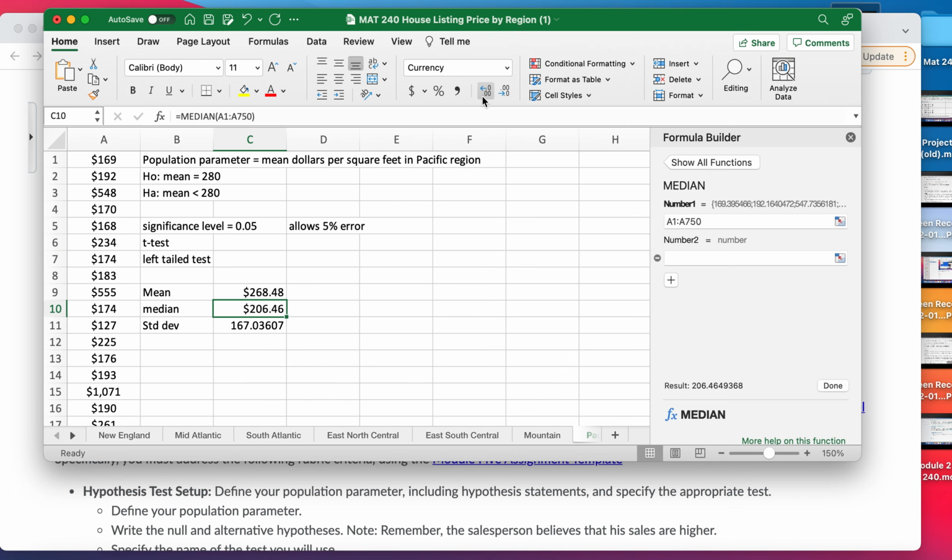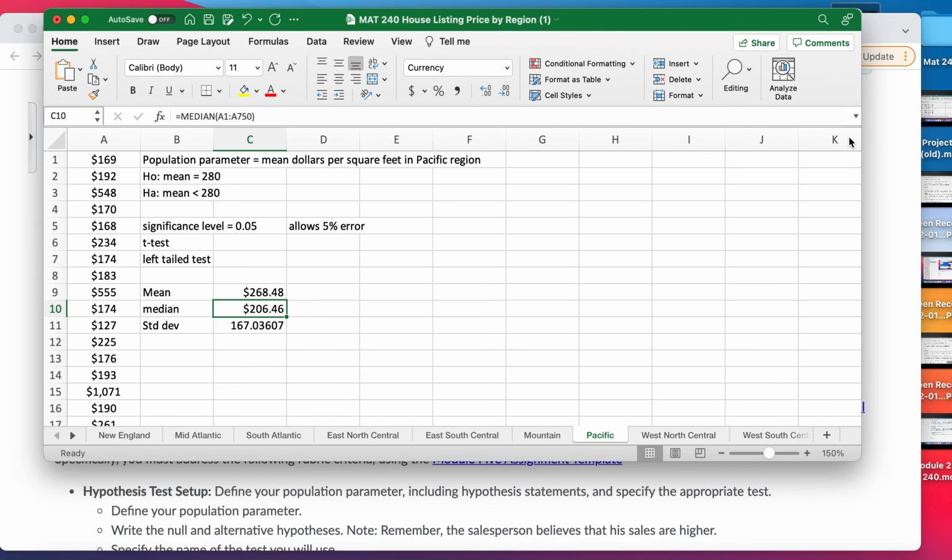Next, we want to do a histogram. Provide a histogram for your sample. Okay, I'm done with my formulas. Now, what do I need? I need all my data in column A, and I'm going to do a histogram.